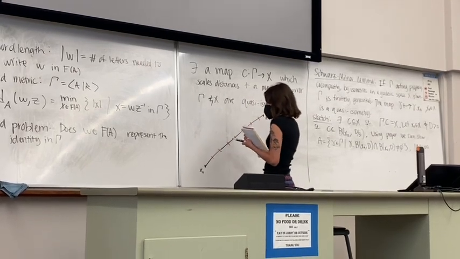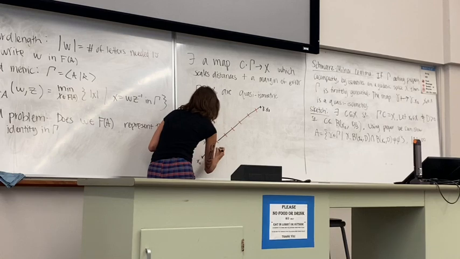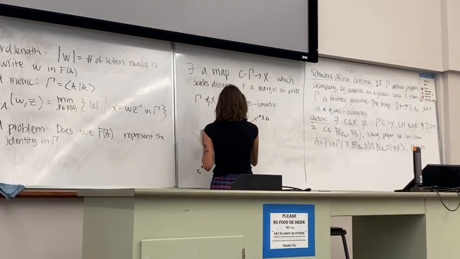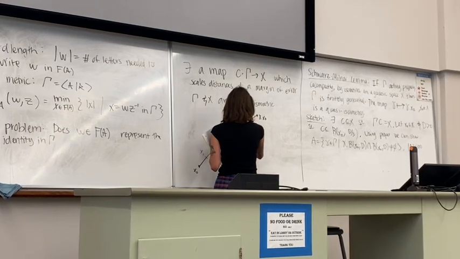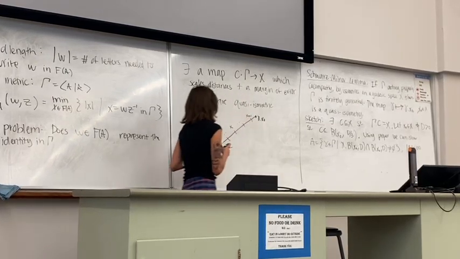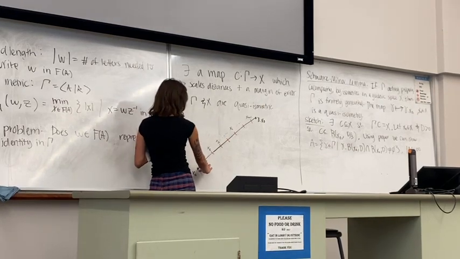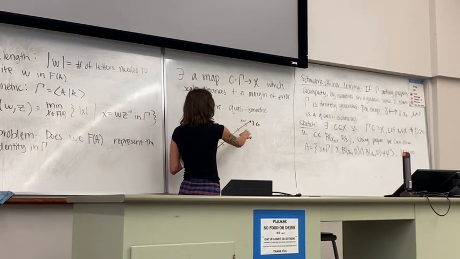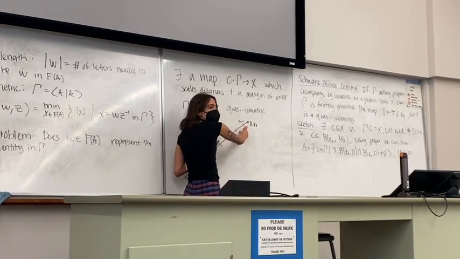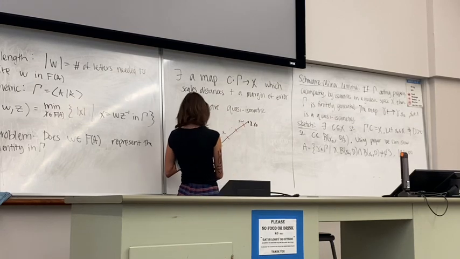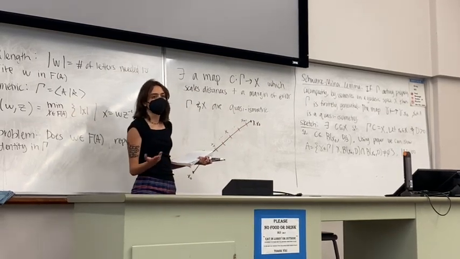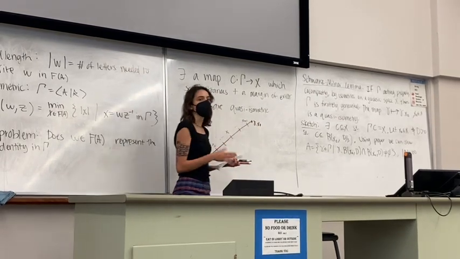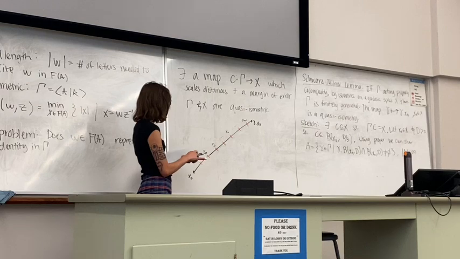So we have some point x1, x2, x3, dot dot dot, xi, dot dot dot, x n minus 1. This distance is exactly d over 3, this one will be d over 3, so on and so forth, and since the distance from x naught to gamma dot x naught is most likely not a multiple of d over 3, this last little section is going to be less than or equal to d over 3.